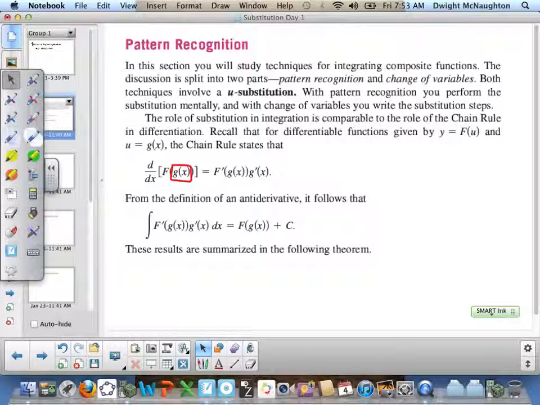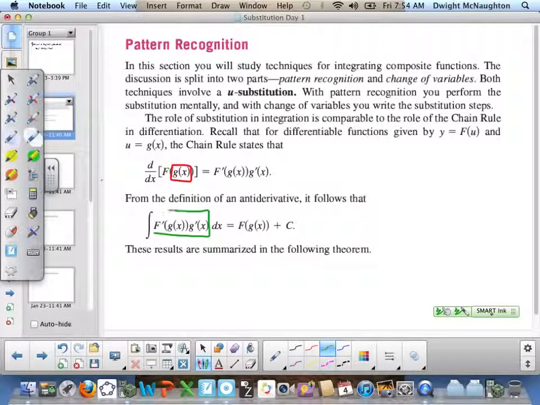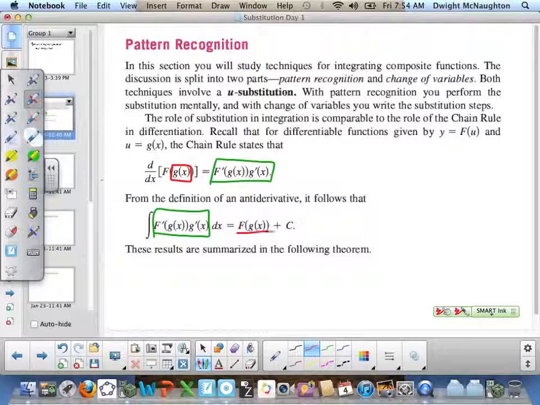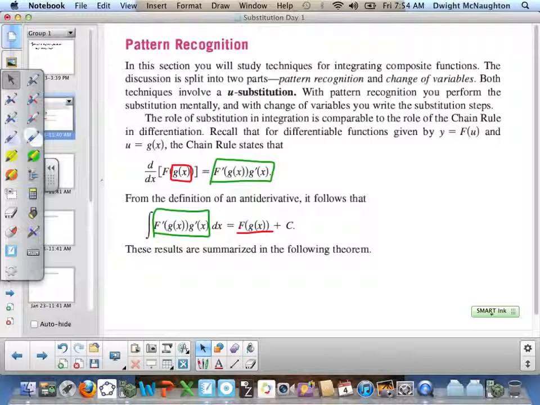Well, today we look at the reverse of that. We're going to finish with that expression, and we're going to work backwards to our original function. All right? And that's called substitution.